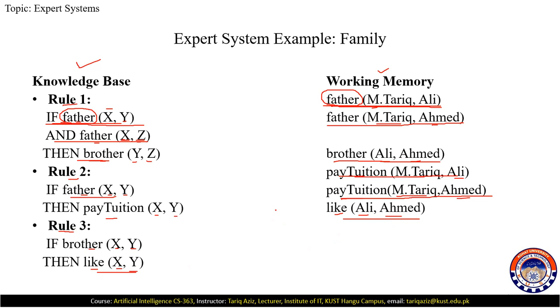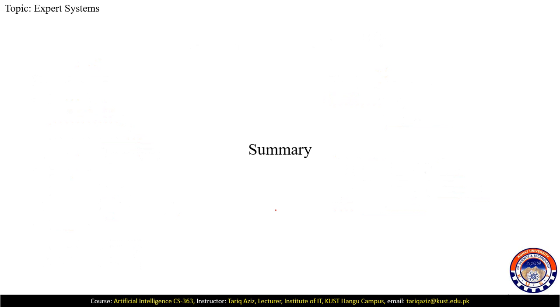Now, dear students, this was all about the expert system, and let me summarize today's lecture. In lecture number 12, we basically looked at expert systems. First of all, we defined what an expert system is. We said that it's an intelligent program, and then we looked at the comparison between the human expert and the expert system.